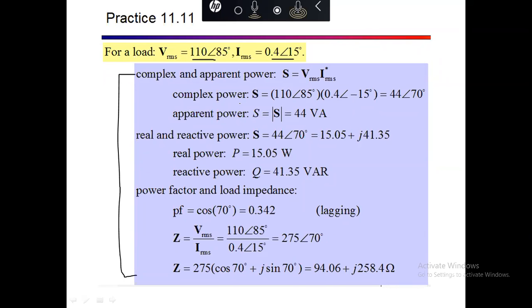Okay. So for the complex power, we have the VRMS, IRMS conjugate. So we take the value of this I with the negative sign to take the conjugate value. And we find the complex power. And the magnitude of this complex power is the apparent power, which is 44 volt ampere.